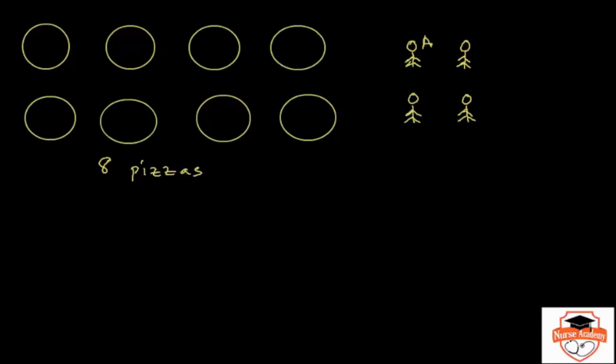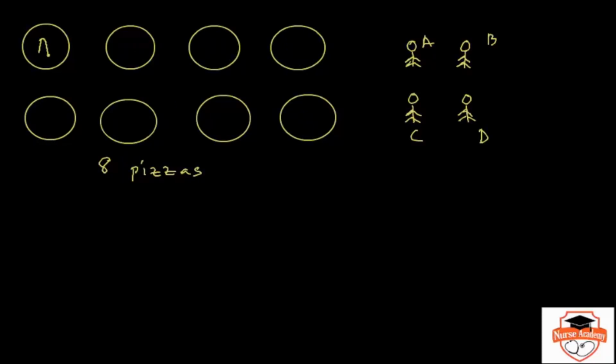So if you name the 4 friends A, B, C and D, this is for A, this is for A, this is for B, this is for B, this is for C, this is for C, this is for D, this is for D. So each one gets 2 pizzas. You could also do this in another way.